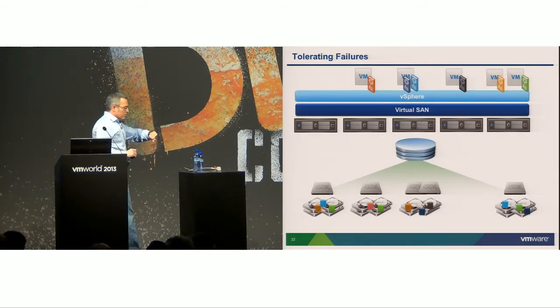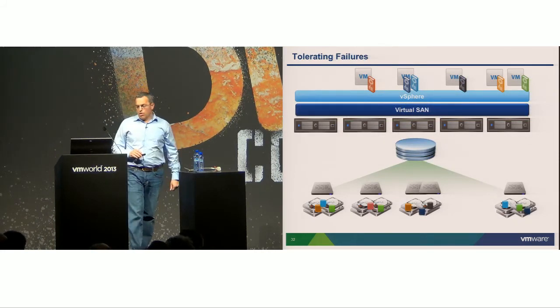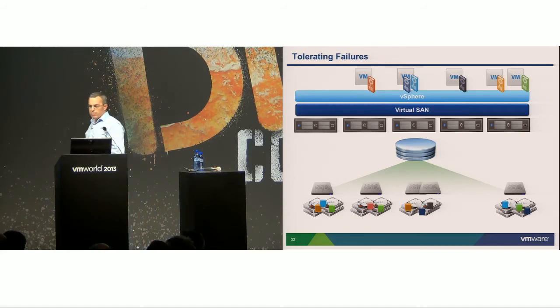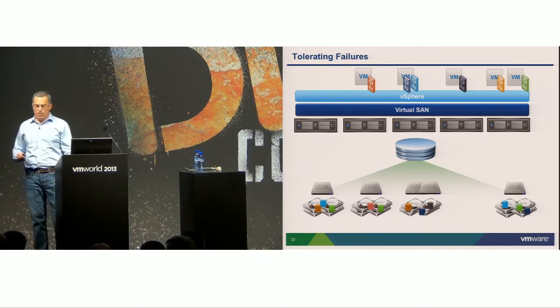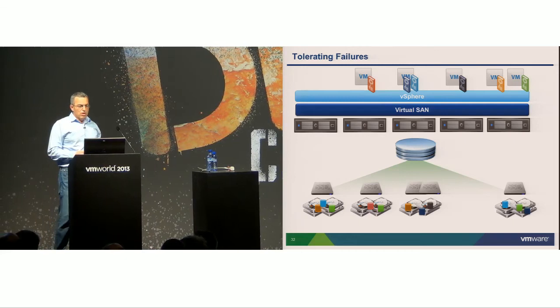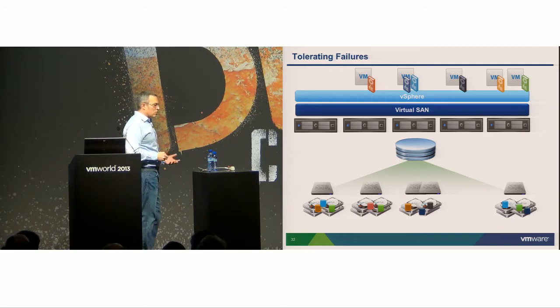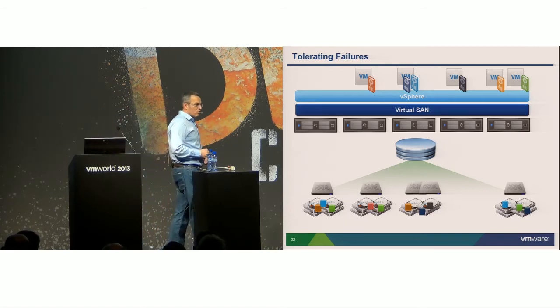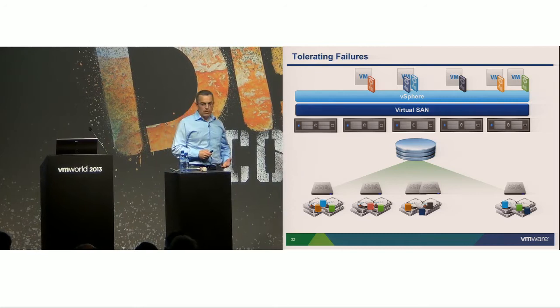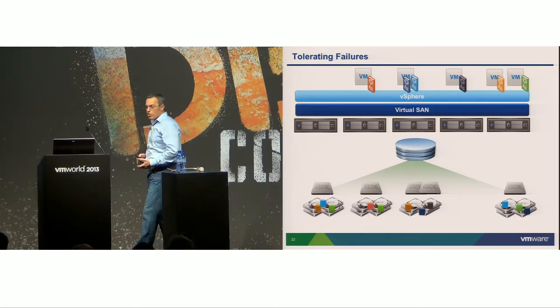Last but not least, vSAN is fault tolerant, the resiliency that Vijay mentioned earlier. It tolerates host failures, individual device failures, or network failures. Let's take the example here of a host going down.